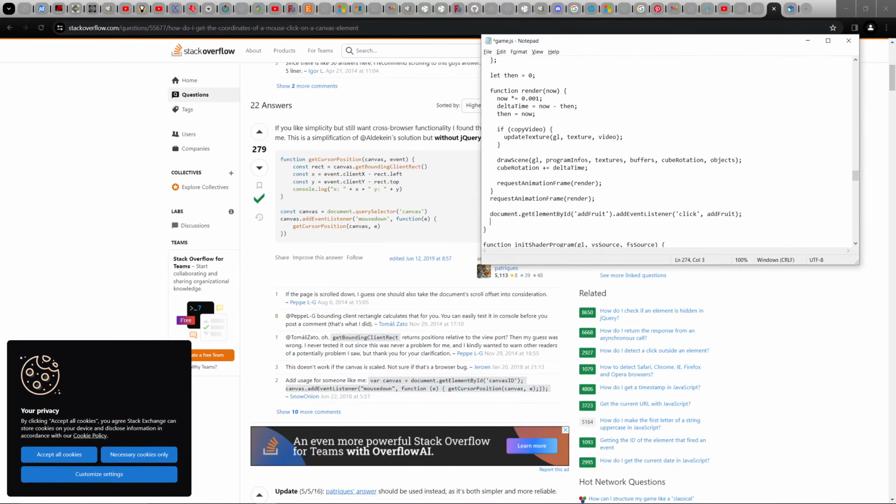So let's add canvas dot addEventListener. So I'm wondering if it should be a mouse down or a mouse up, because in case the user is dragging around the mouse before letting up. And then I also want to make it work with touch as well.